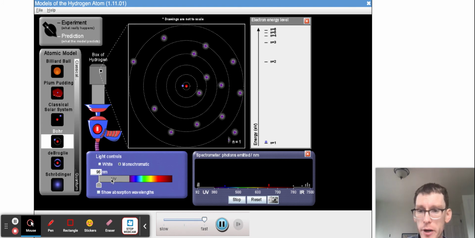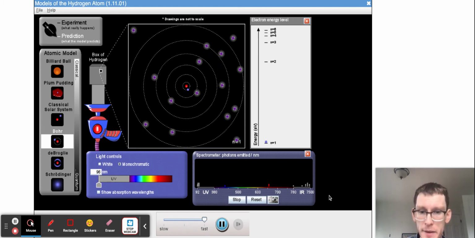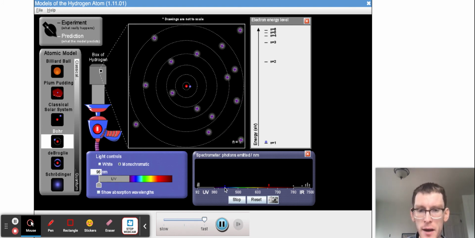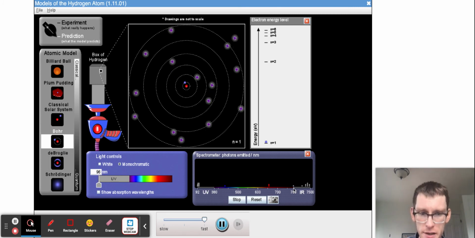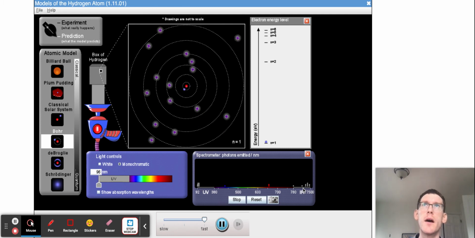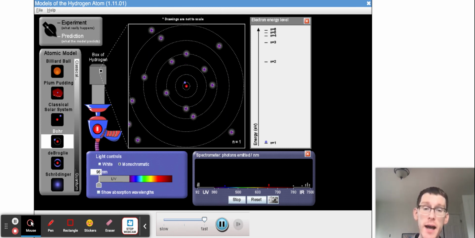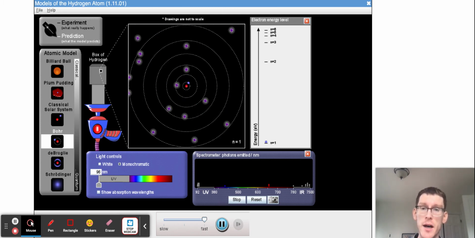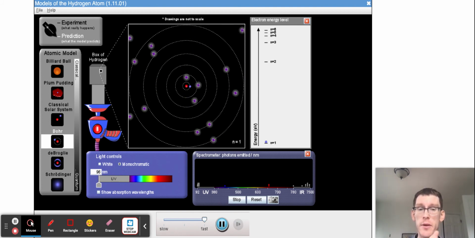If we look at the spectrum right now, actually, there's a lot here. But these emissions that we're looking at, they represent photons with exactly the amount of energy that is equal to the energy difference between one energy level and another.